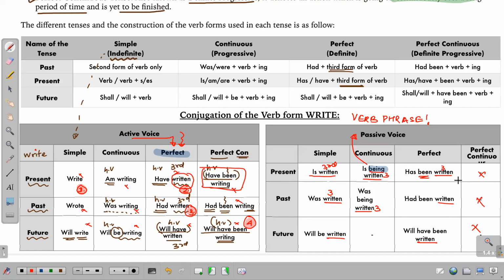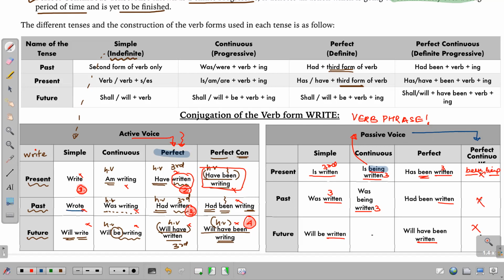So a book will have been being written, there is no been and being simultaneously possible, right? So it will sound absurd. Secondly, it will obviously challenge reality, because in reality things can exist only in one form at one time, right? So basically perfect continuous in passive voice does not exist, right?